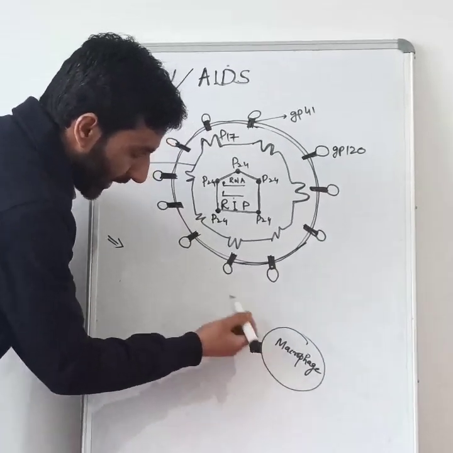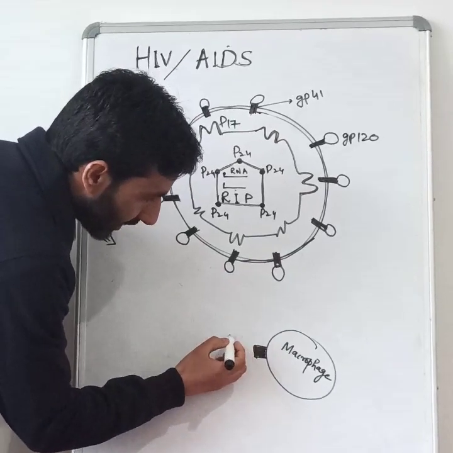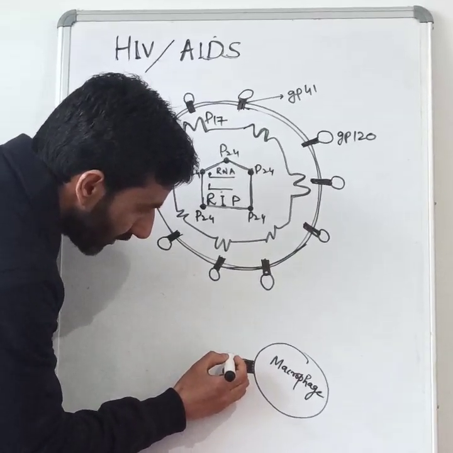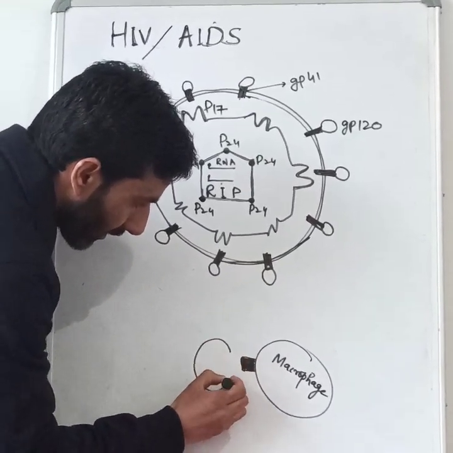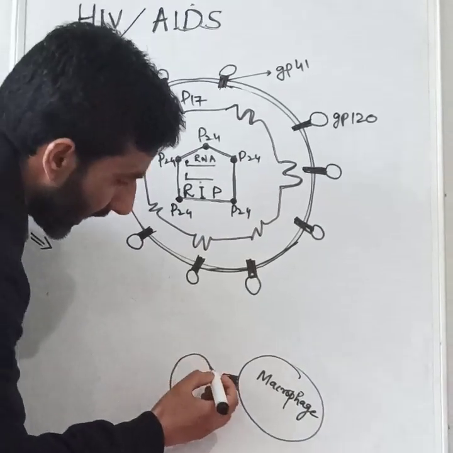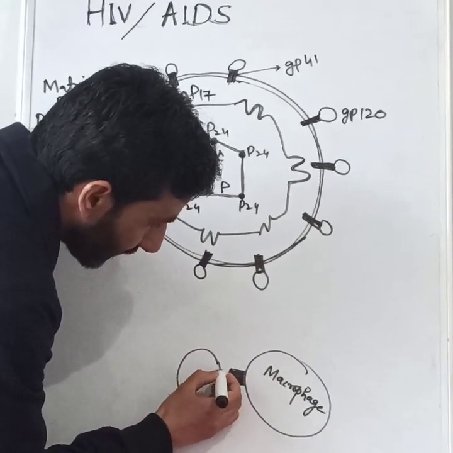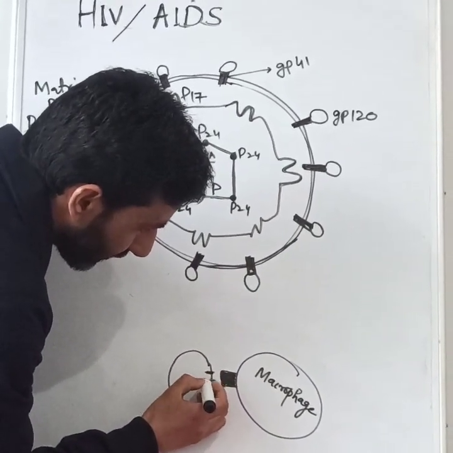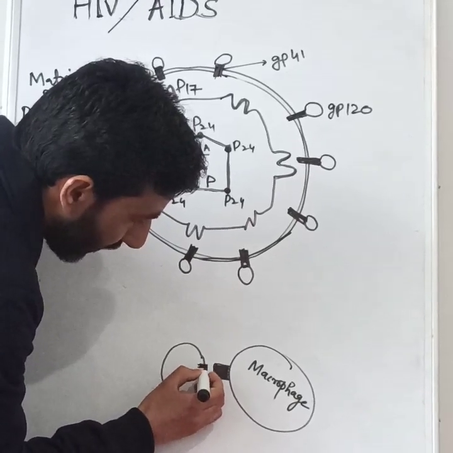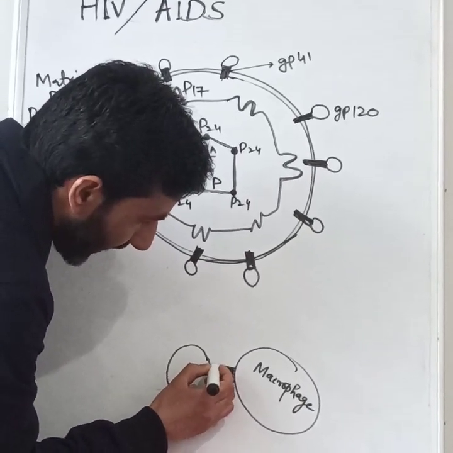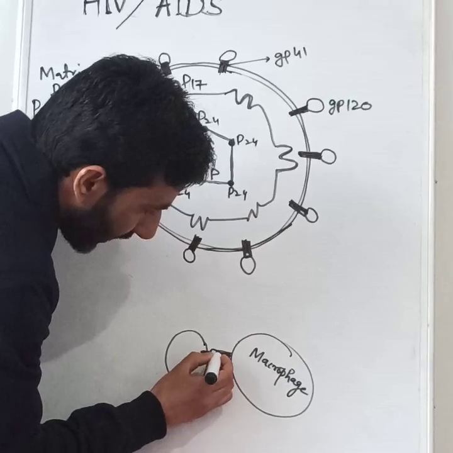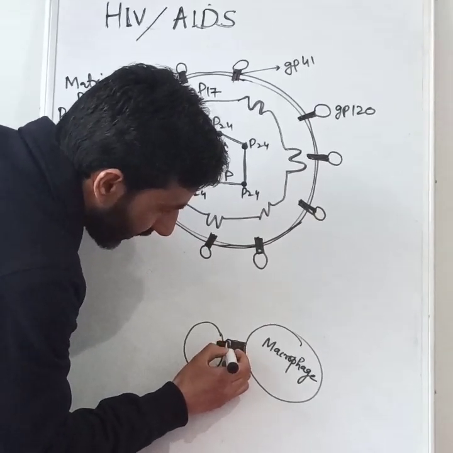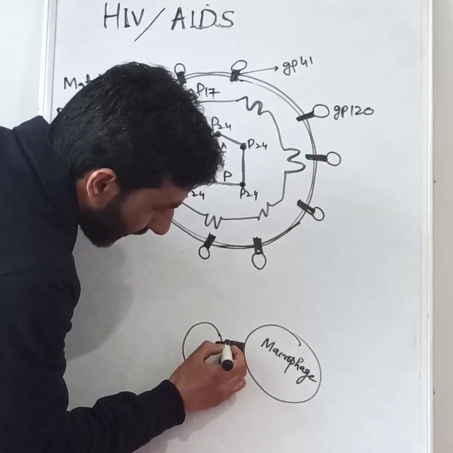Now, what actually happens? Suppose this is the virus. It has this protein GP41 here, and the attaching protein, GP120.